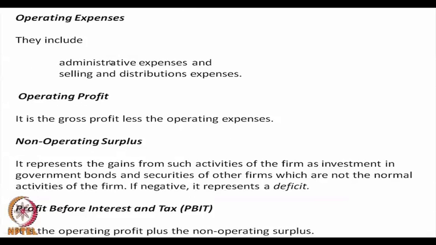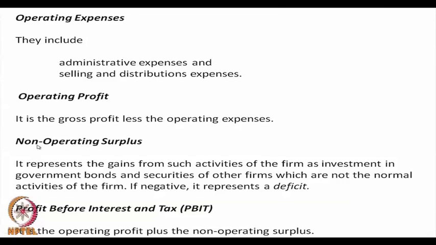Next, operating expenses means both general and administrative expenses and selling and distribution expenses. Both include expenses other than the factory expenses, which are known as operating expenses. If we subtract the operating expenses from gross profit, we get operating profit.